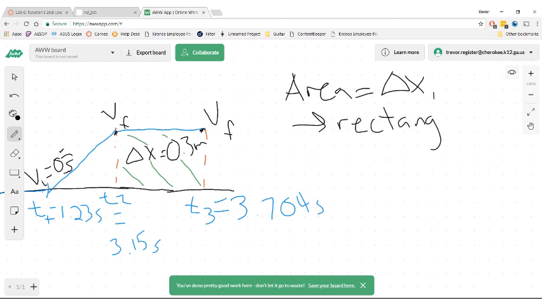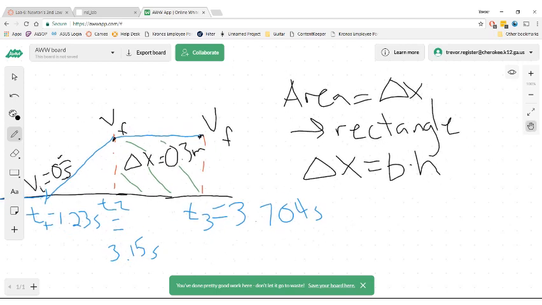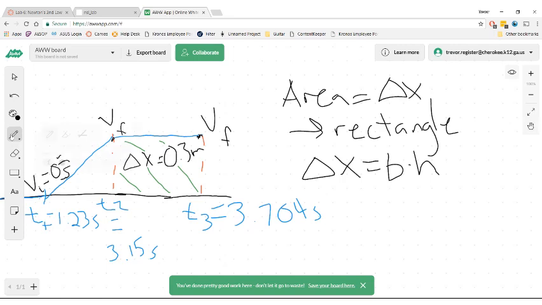And so that means that my area is going to be base times height. Okay. So now if I look over here, I know what delta x is. That's my 0.3 meters. So I'm going to substitute in 0.3 meters for delta x.